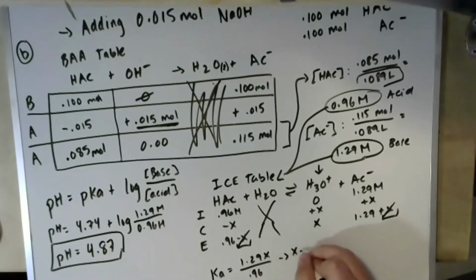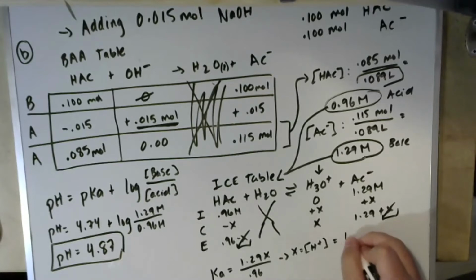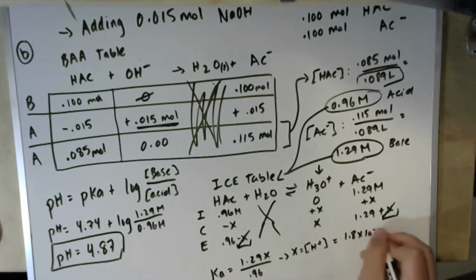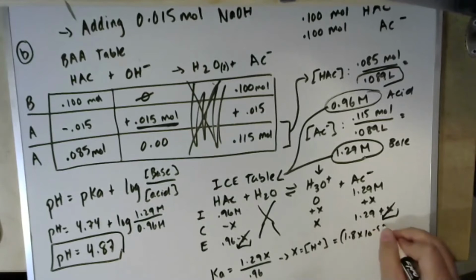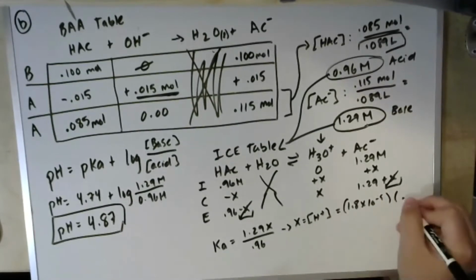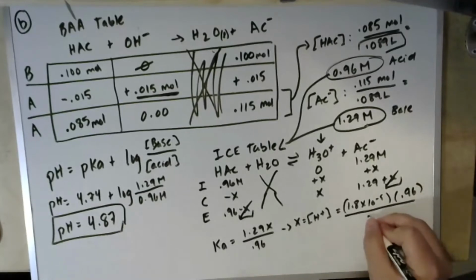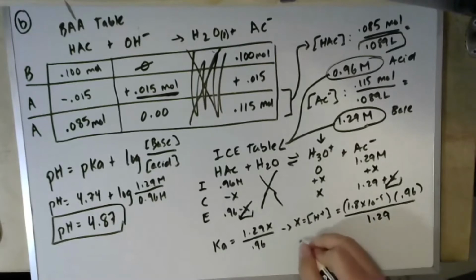So our x value, which is going to be our H plus value, is going to be Ka, which is 1.8 times 10 to the negative 5, times 0.96 divided by 1.29.